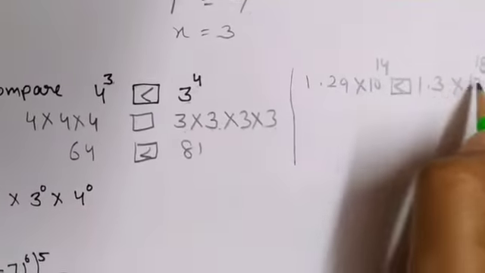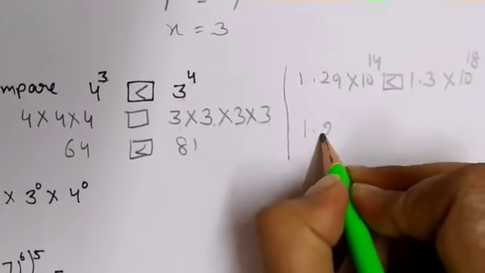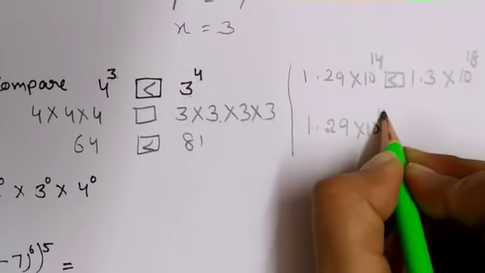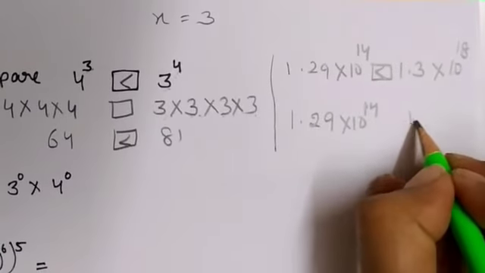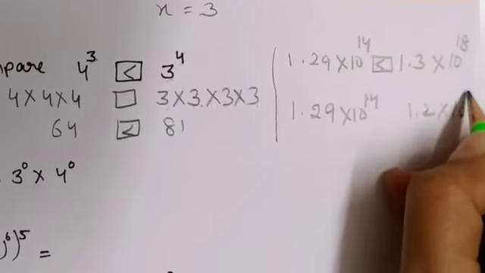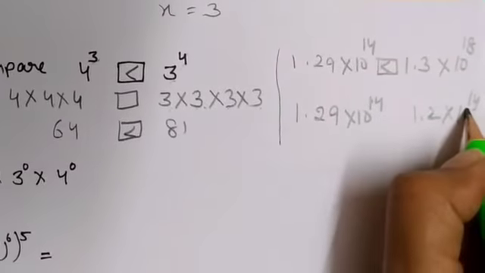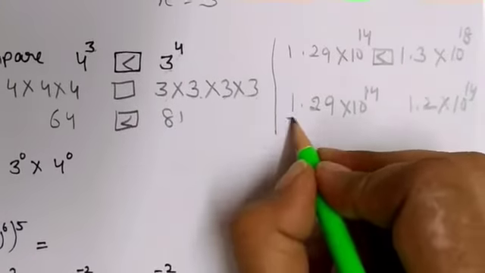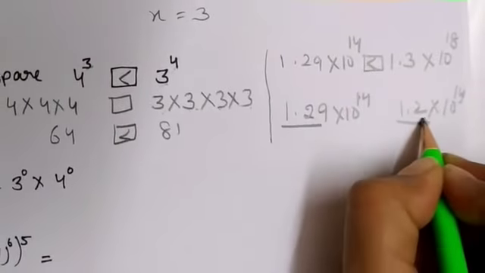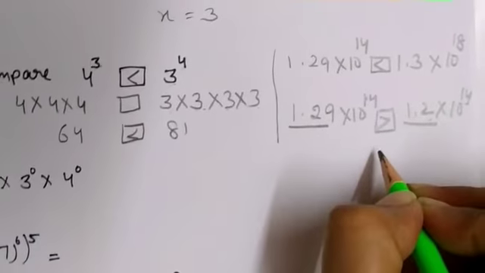If we have the same power, next example: 1.29 multiplied by 10 to the power 14 and 1.2 multiplied by 10 to the power 14. In this case, both powers are the same, so we compare the significant digits. 1.29 and 1.2. 1.29 is greater. So this number is greater.